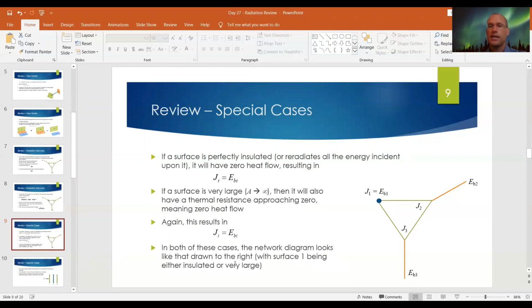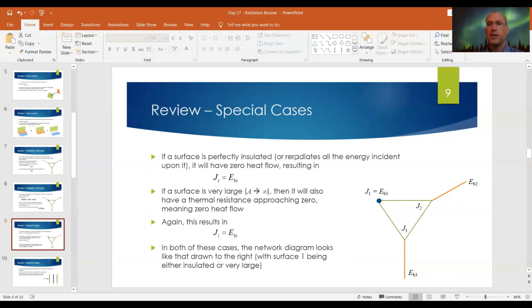Now, a couple of special cases that we ran into, and these actually make my radiation network a lot easier to deal with. They generally get rid of one of my unknowns. So instead of having 3 equations and 3 unknowns, I end up with only 2 equations and 2 unknowns, which is much better. So the first special case: if it's perfectly insulated or re-radiates all the incident energy upon it.